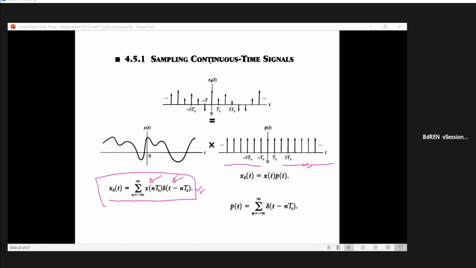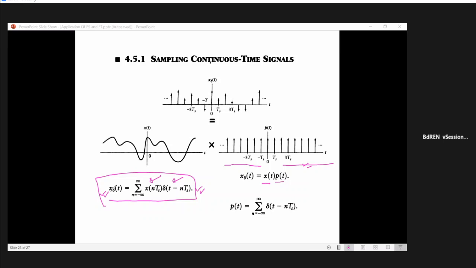We can easily Fourier transform these two, because we now have one signal x(t) and another signal p(t). After obtaining this sampled version of the signal, you can Fourier transform it. It is also a periodic signal, and you can easily Fourier transform it to know the spectrum.